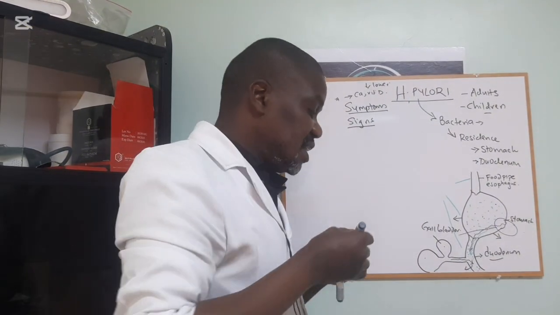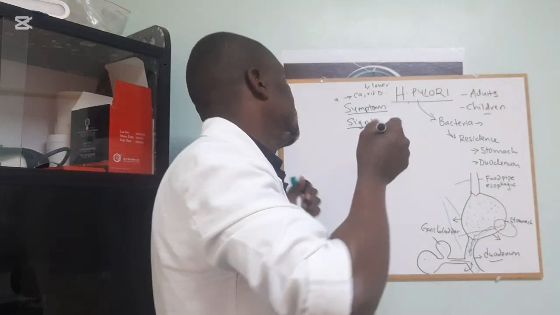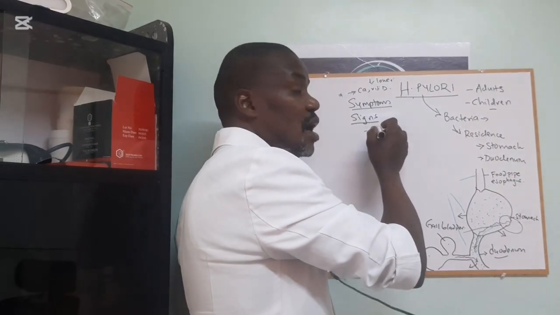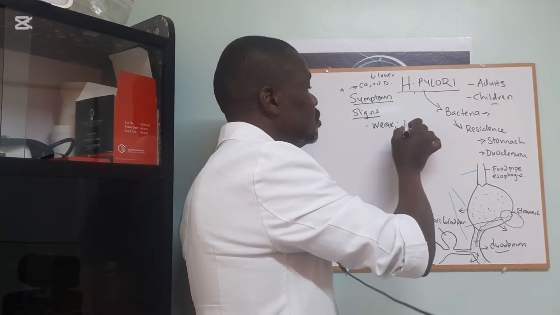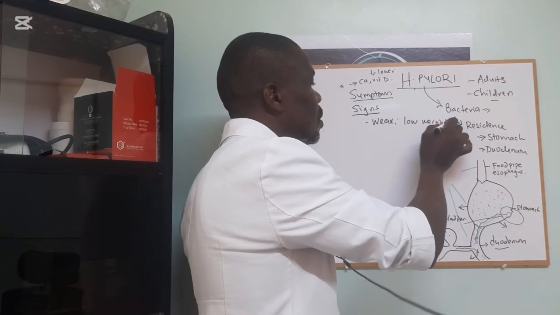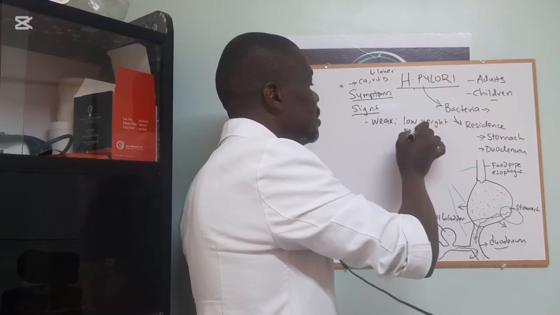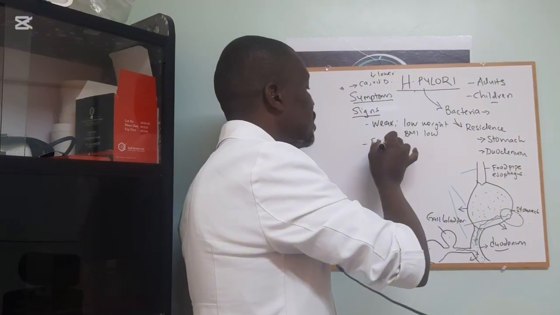Signs is what the healthcare provider picks up in the child during an examination. So the signs, you'll have a child who is weak, a child whose weight is low, a child whose BMI is low. You might have a fever on and off.